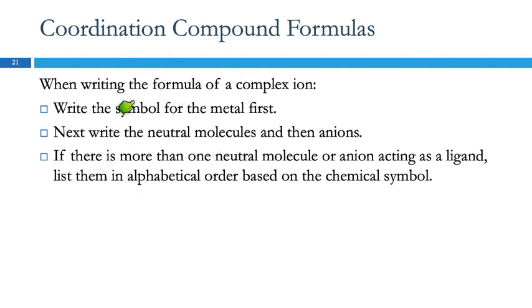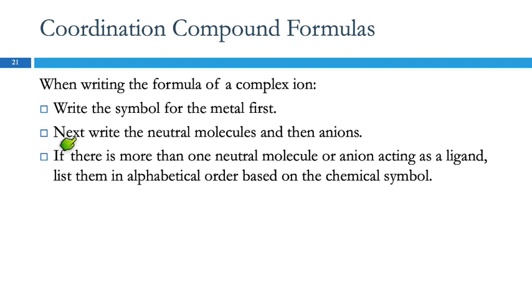For the complex ion, you're going to write, back that up. We're talking about writing formulas now instead of names. Sorry, brain fart. So writing the formula, you're going to identify the metal in there first. That's going to be at the end of the name.